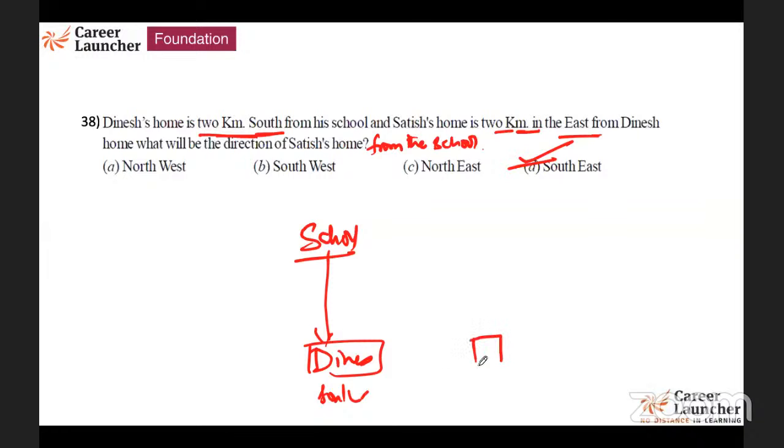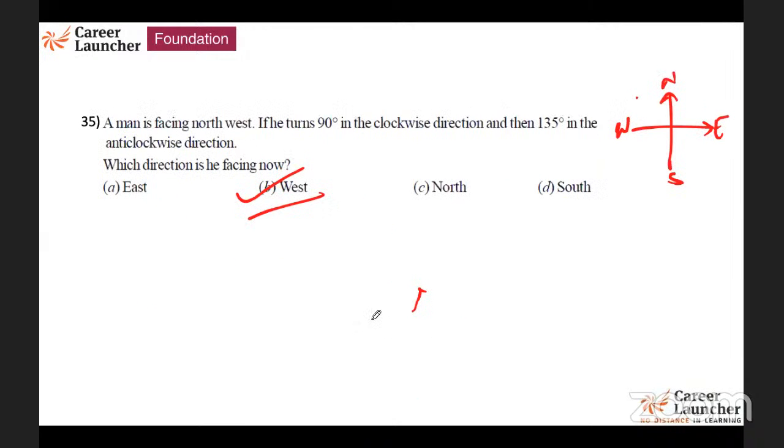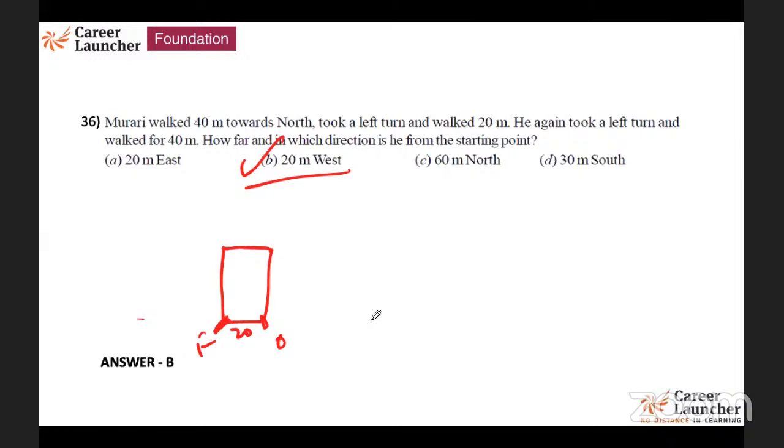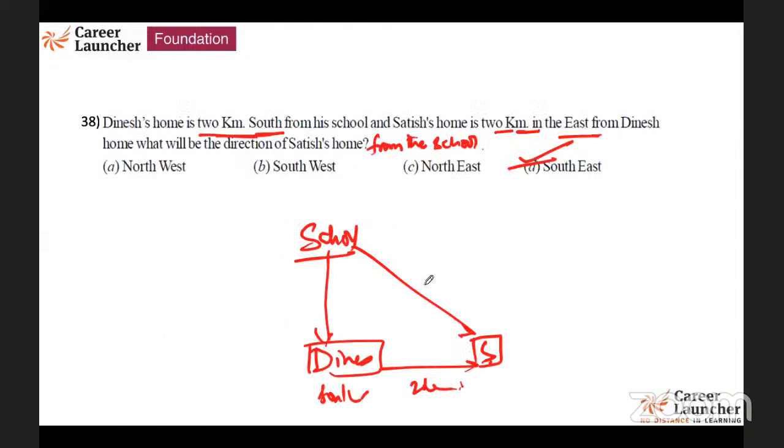So this is Satish's home. Now, what is he asking? What will be the direction of Satish's home from the school? So this is south, this is east. Southeast is the answer because it is in between.